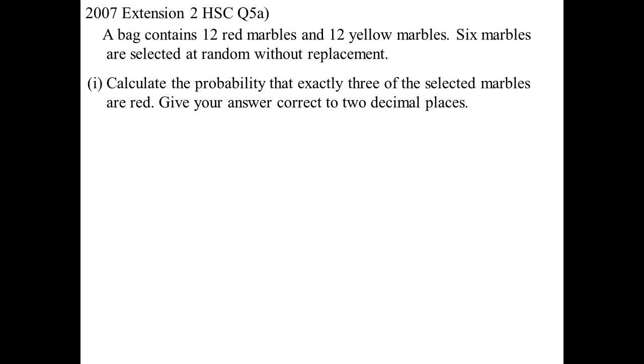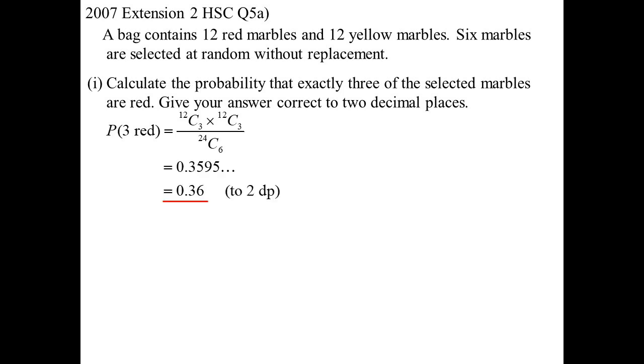We're just looking at what the marbles are when we pull them out. So the bottom of the fraction, 24C6, I'm just choosing 6 from the 24. The top of the fraction, 12C3 by 12C3, because of the 12 red marbles, I want to get 3, and of the 12 yellow marbles, I want to get 3. So 12C3 times 12C3, it turns out to 2 decimal places, 0.36.